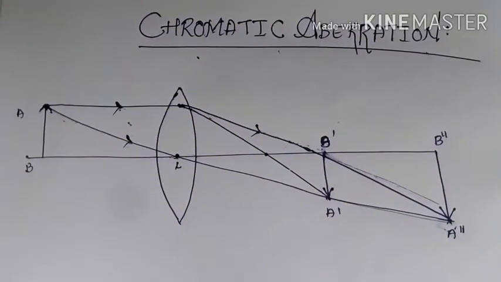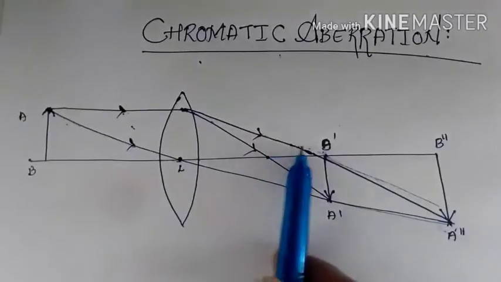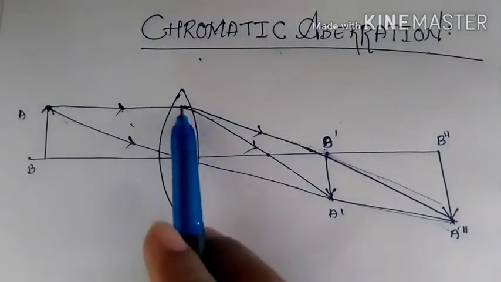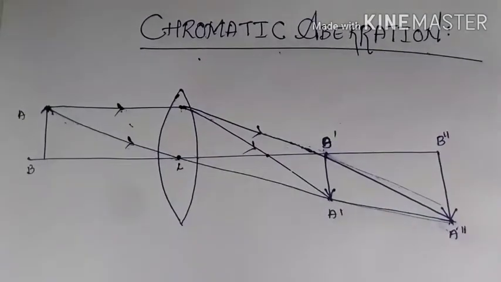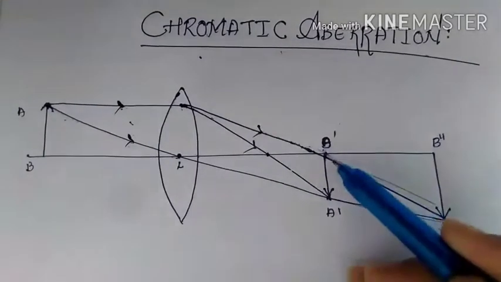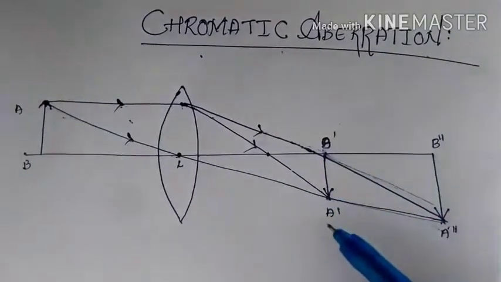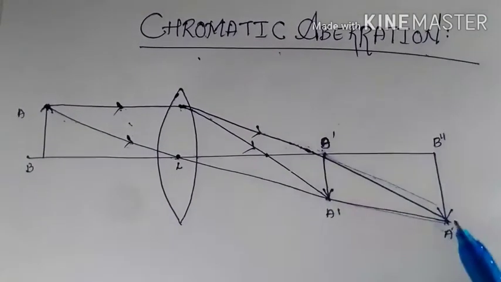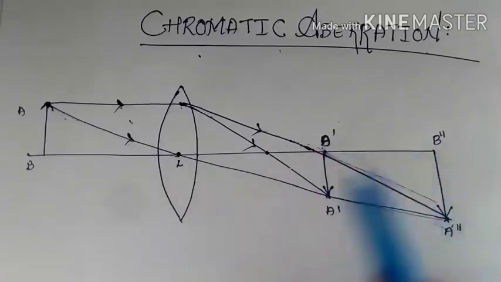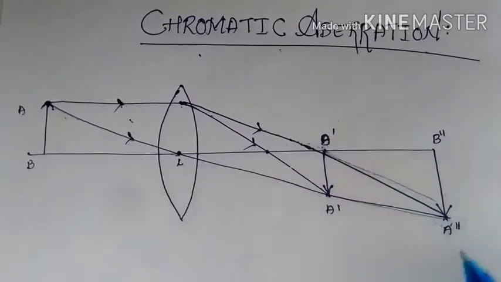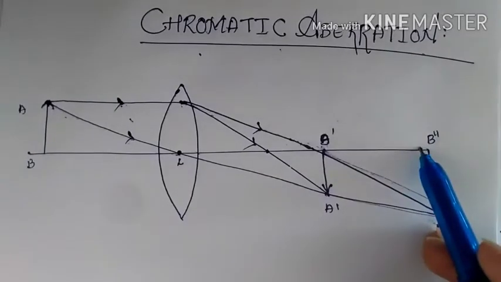Now you can see the second ray has its focus at a different point, and the first ray has its focal point at a different point on the principal axis. If you observe, the images formed from the two rays have different sizes and are at different positions. A prime B prime is smaller than A double prime B double prime.